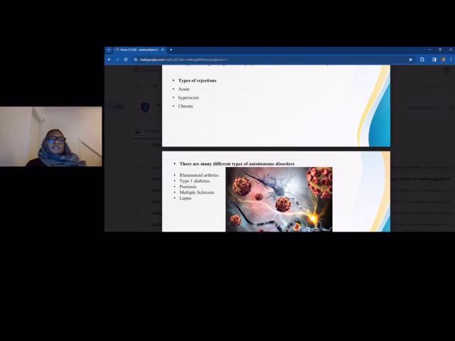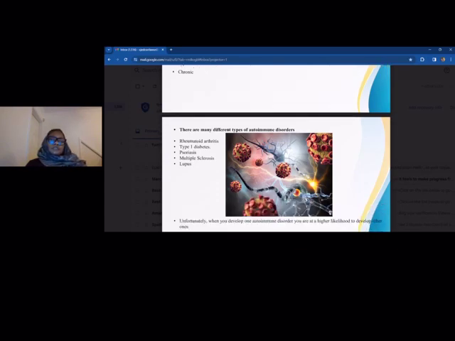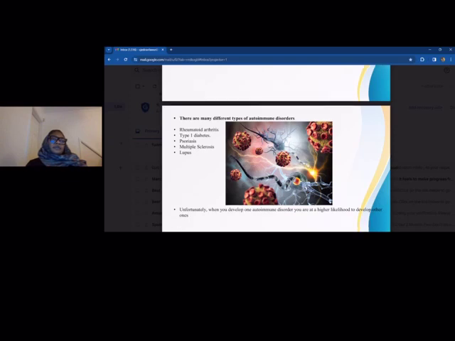So there are many different types of autoimmune disorder. We have rheumatoid arthritis, type 1 diabetes, psoriatic arthritis, multiple sclerosis, and lupus. All of these are types of autoimmune disorders.